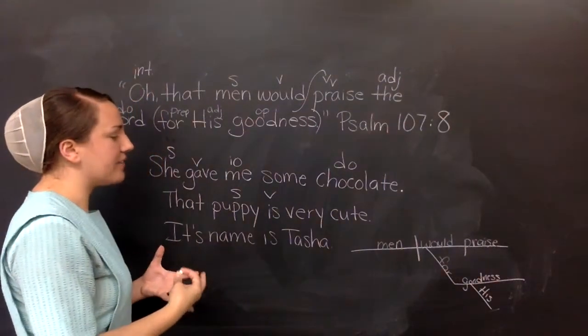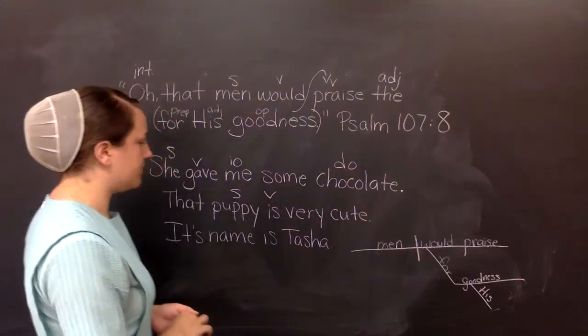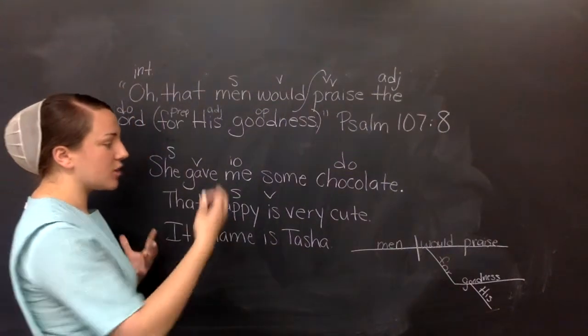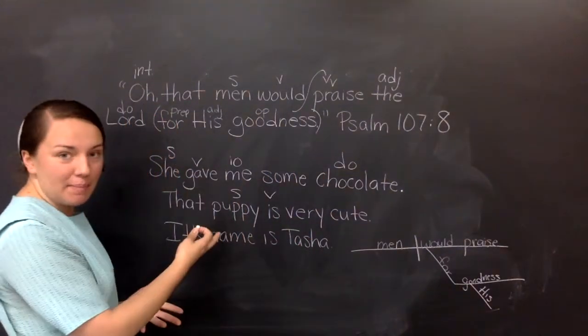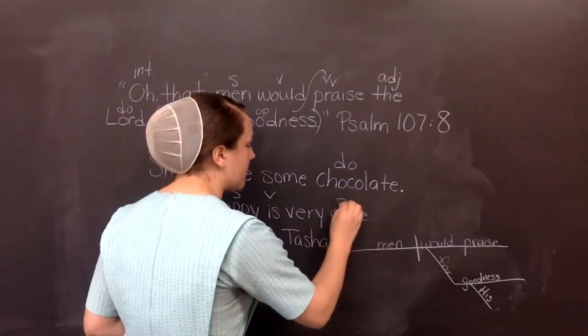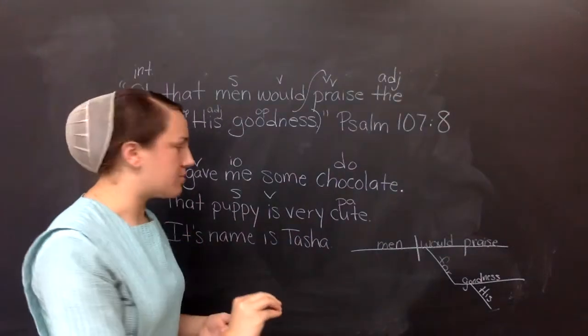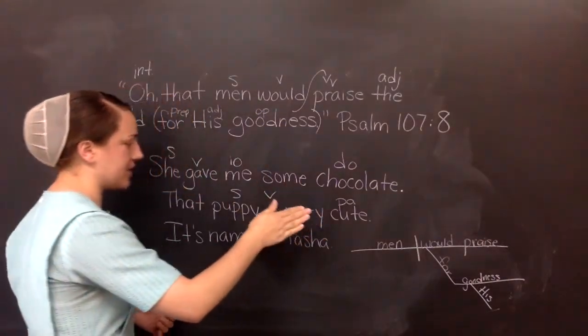Now, is there anything after is that is describing or renaming the subject? Yes, cute is describing puppy. So, predicate adjectives describe subjects, and predicate nominatives rename subjects. So that is a predicate adjective.